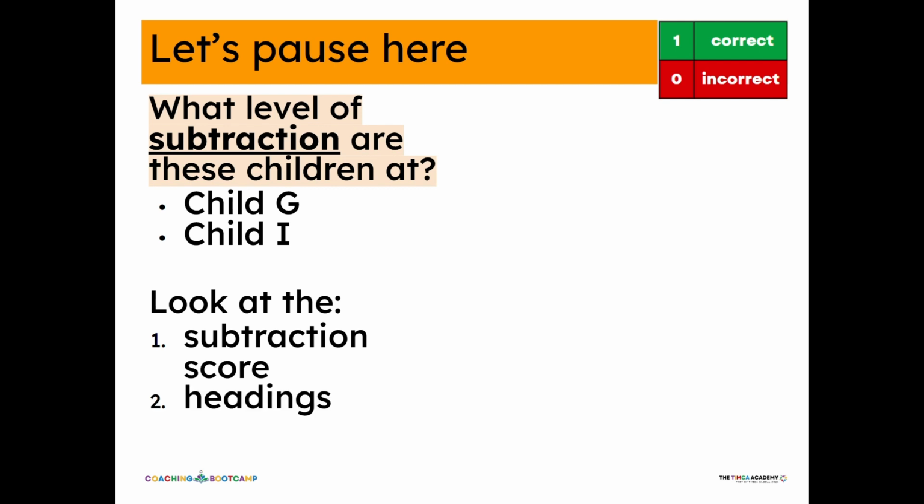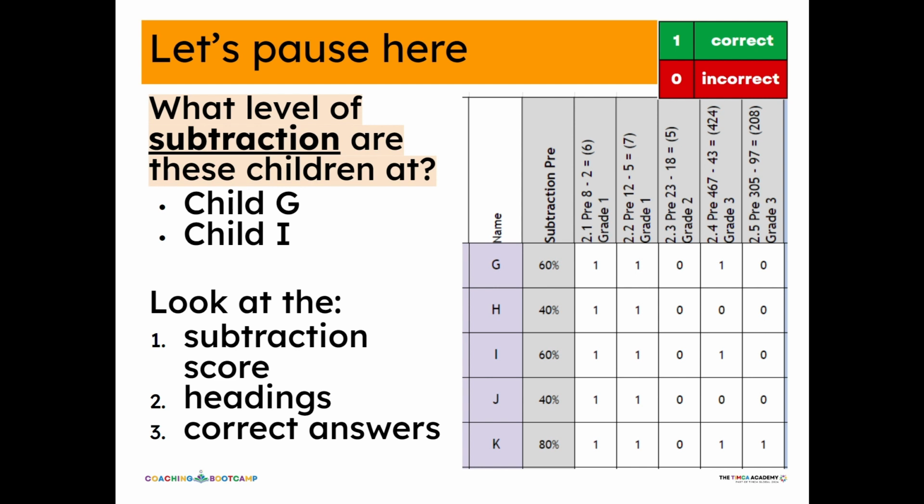I want you to actually look at the headings above for the subtraction questions, and I want you to see which questions have been answered correctly. So here's some data, okay? And we're looking first at child G, so it's this line here. I want you to look at the subtraction score, 60. I want you to look at the headings and which ones are correct answers.